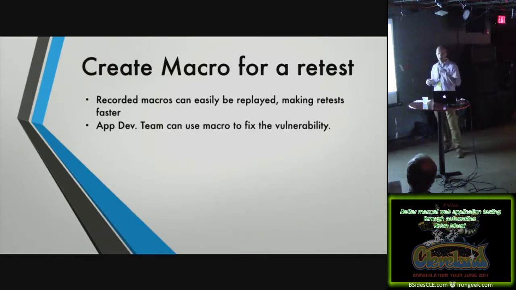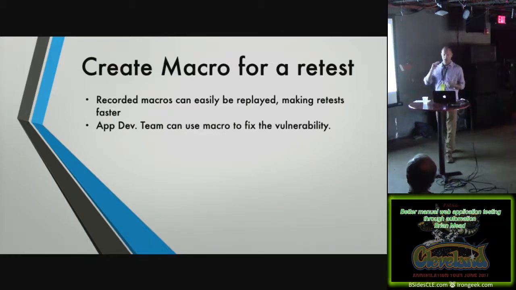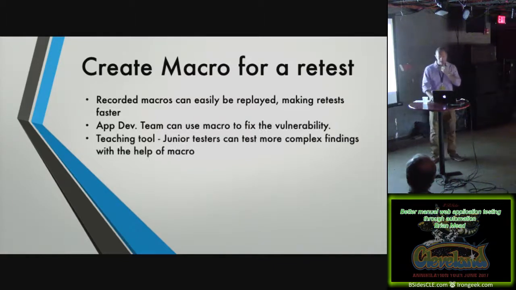So what you can do is you can actually record this macro and save it and give it to the developer, and then they can watch the traffic to see what's going on, how you navigated to the page, the different payloads that you used to spawn that cross-site scripting or whatever the vulnerability is. Again, it's a great teaching tool.